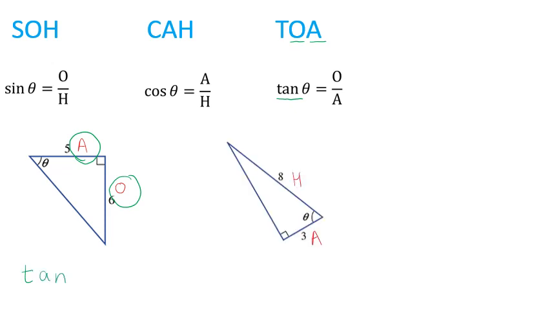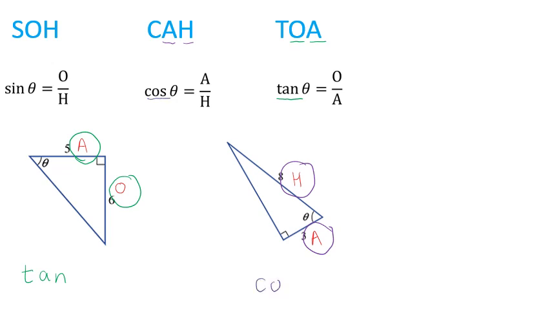Okay, next triangle already has its given sides labelled as well. So in this case we've got H and A. I'm looking in SOH, CAH, TOA for two matching letters. So, nope, SOH has O and H. CAH, yes, that has A and H. So that means this triangle is cos.